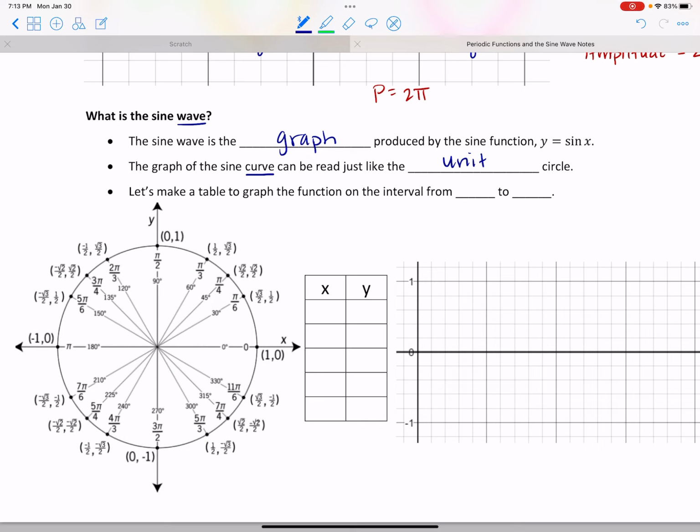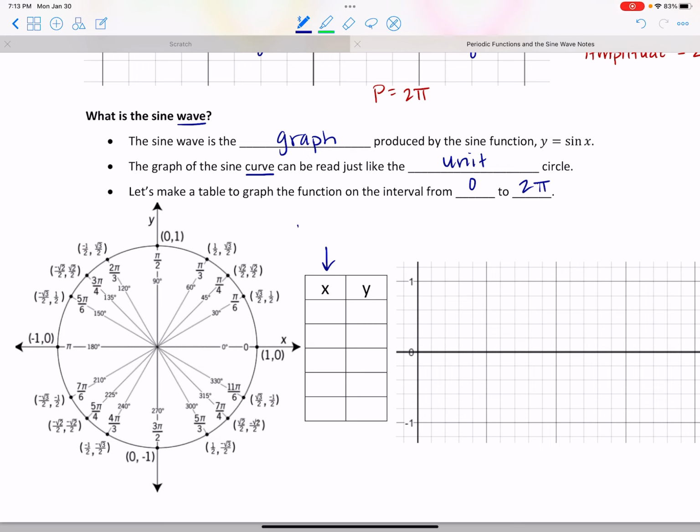So when we go to make our table, and we're going to focus here from 0 to 2 pi, we're just going to go one rotation around the unit circle, and you're going to see why. We can read the unit circle and the graph we're going to make basically the same way. So our x's here are going to be angles, right? We take the sine of angles. So our typical x values are our inputs, right? So not a typical input here.